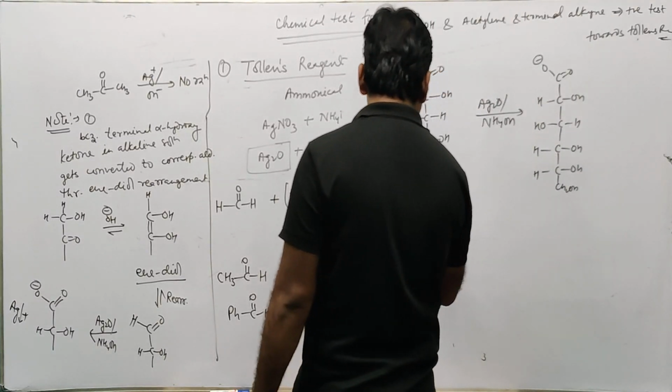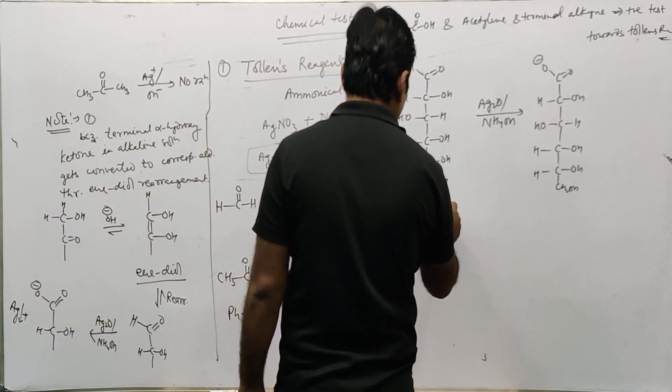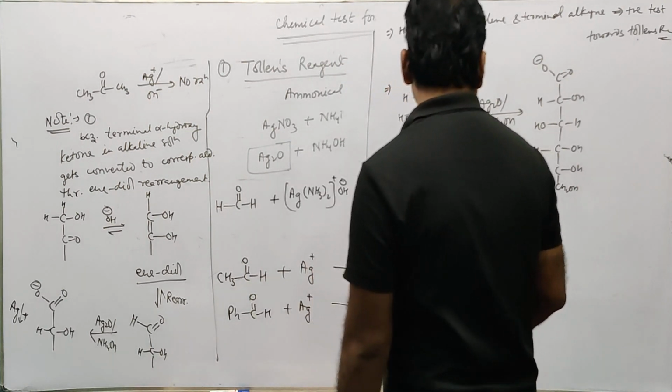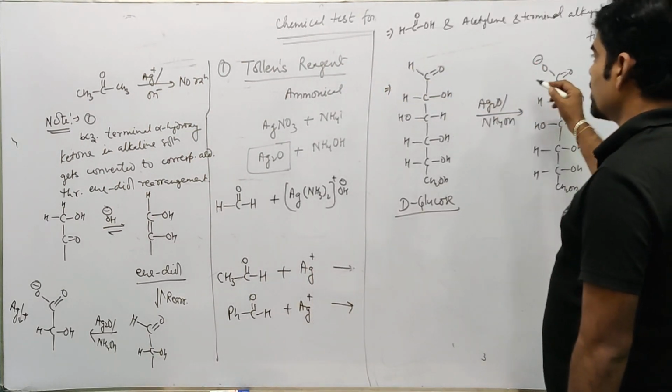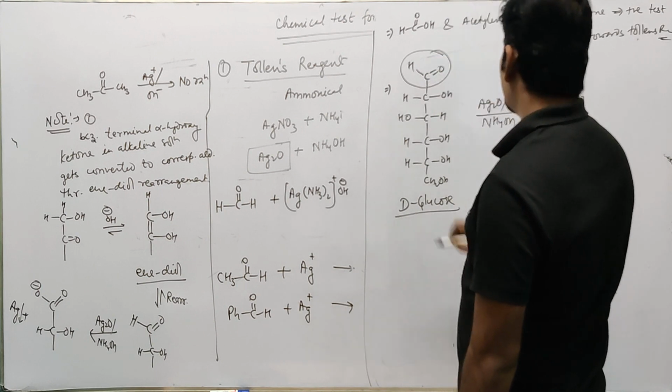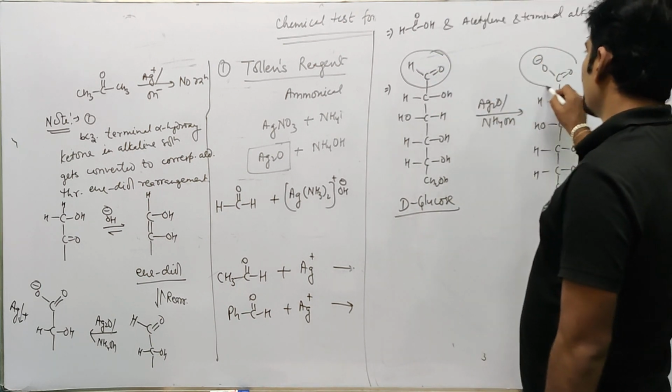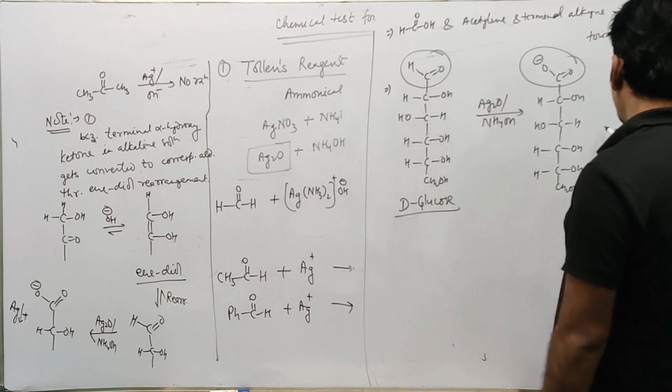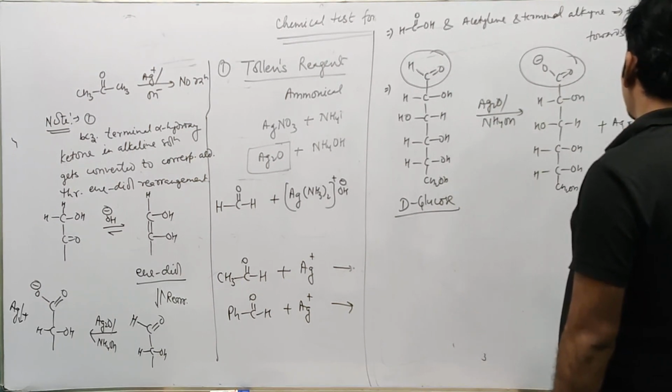So this is D-glucose. This will respond to this test positively because it contains an aldehyde group, which is converted to the corresponding carboxylic salt, and silver ion is precipitated in the form of silver mirror.